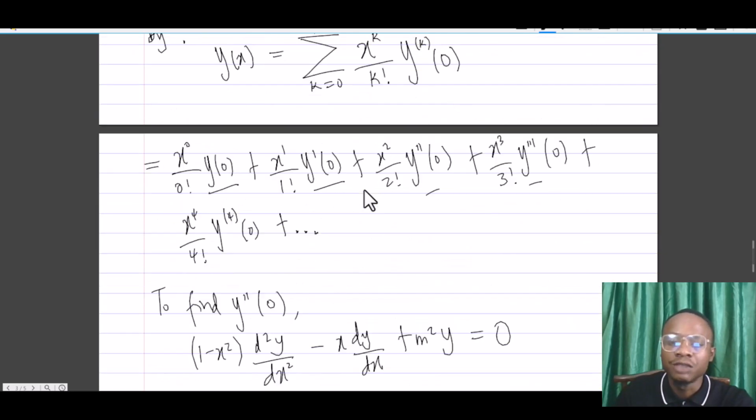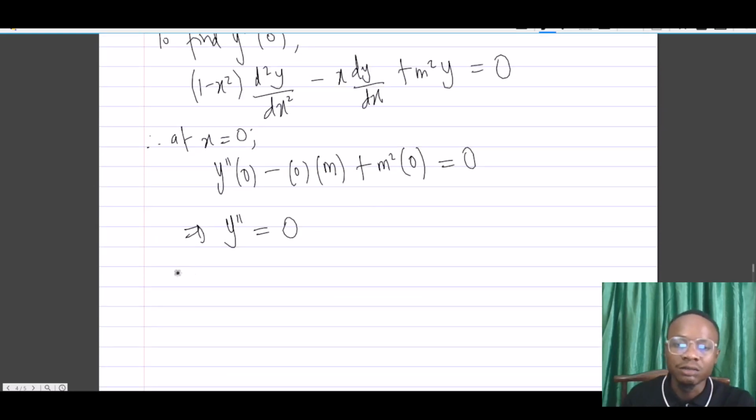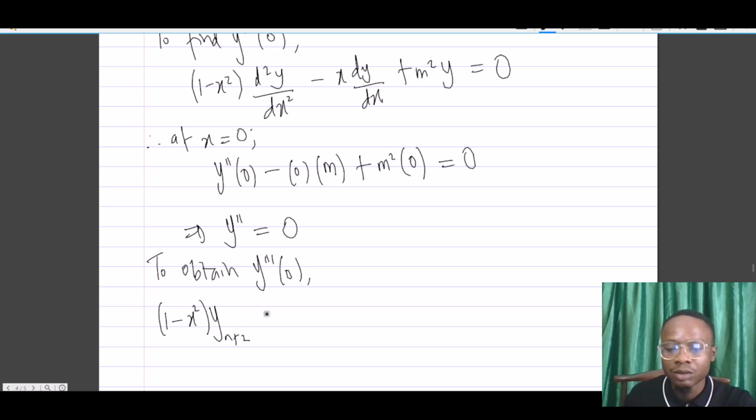So let us make use of this now to obtain the third derivative. To obtain the third derivative, y prime prime prime at 0, we make use of this relation. We recall that (1 minus x squared) y sub n plus 2, minus (2n plus 1) x y sub n plus 1, plus (m squared minus n squared) y sub n equals 0.